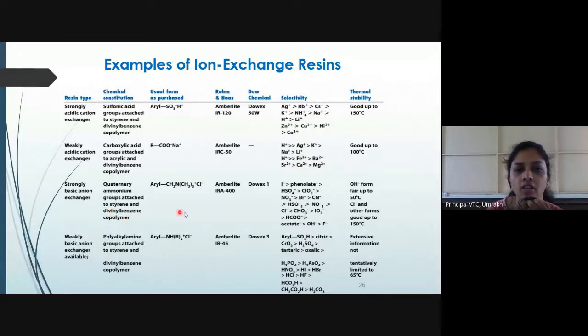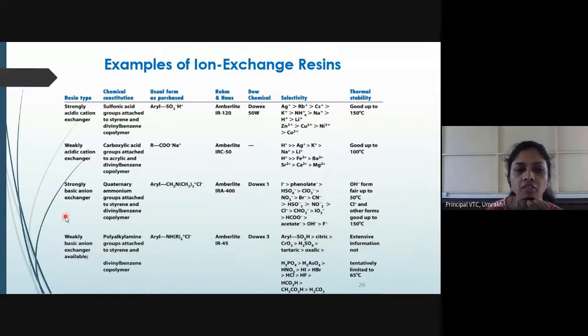It is selective for these ions. In the OH minus form, it can withstand up to 50 degrees centigrade, and if it is in the Cl minus form, then it can withstand up to 150 degrees centigrade.